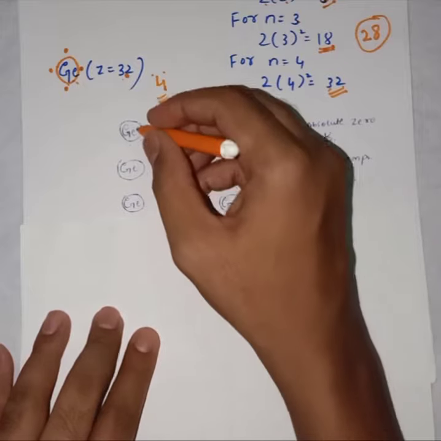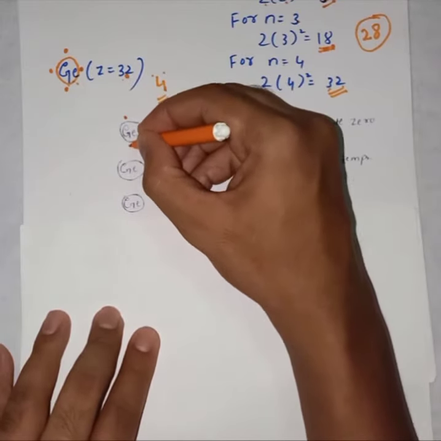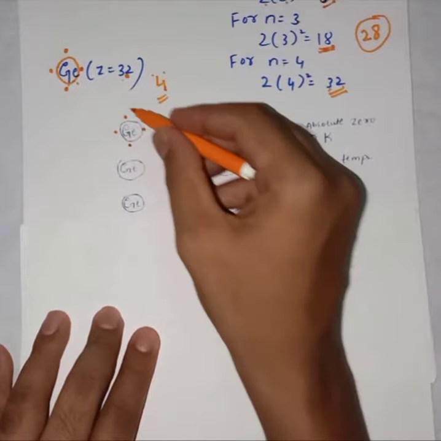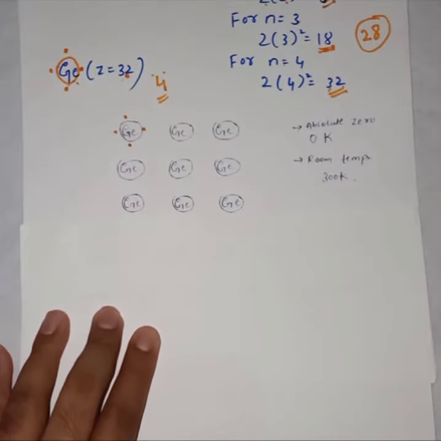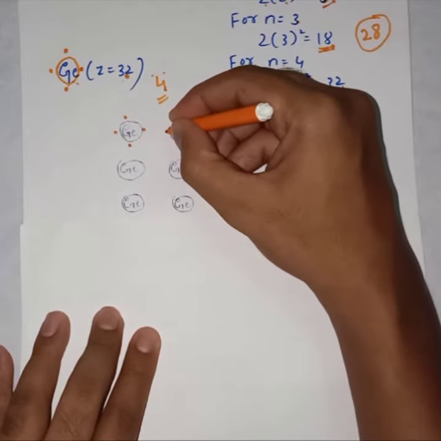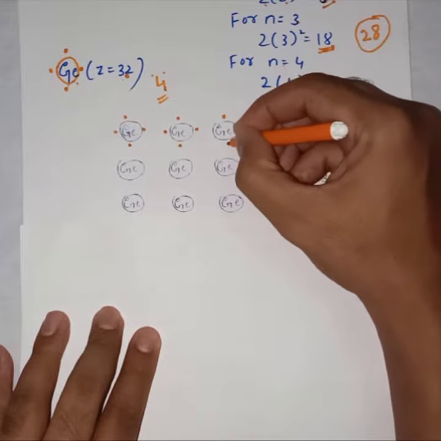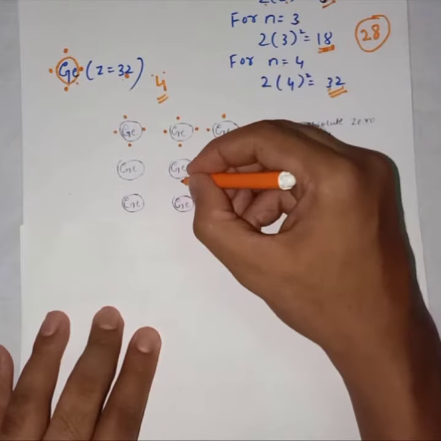Now this germanium has 4 valence electrons, correct? 4. And next this germanium again has 4 valence electrons. This germanium again has 4 valence electrons. It continues everywhere.